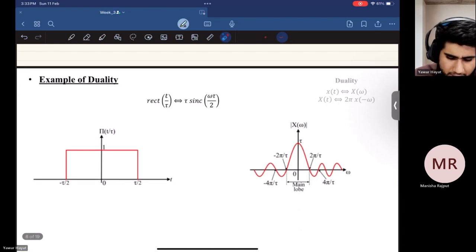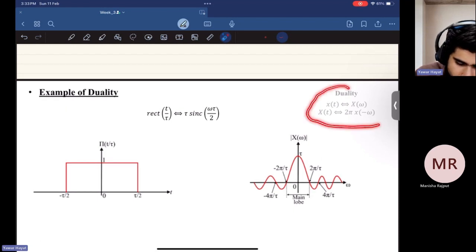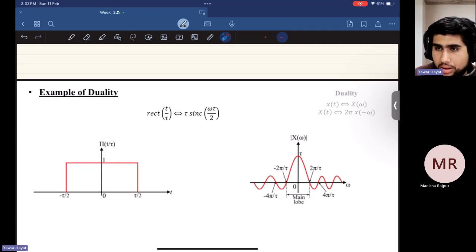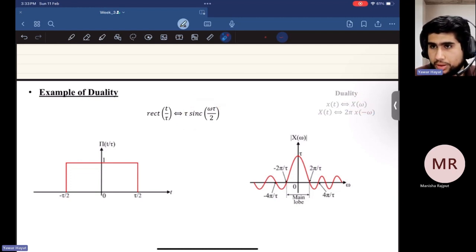And you can go through some definitions, like what is the main lobe and what are these zero crossings. What I want you to do is to use this duality property, given that this small x of t is this rect of t by tau, and this x of omega is this tau sinc of omega tau by 2.